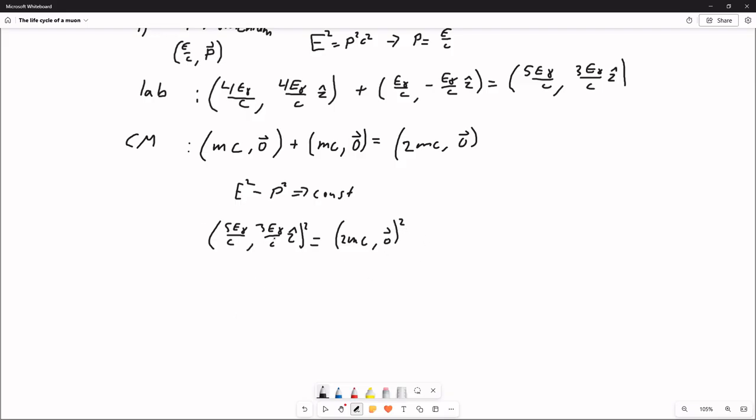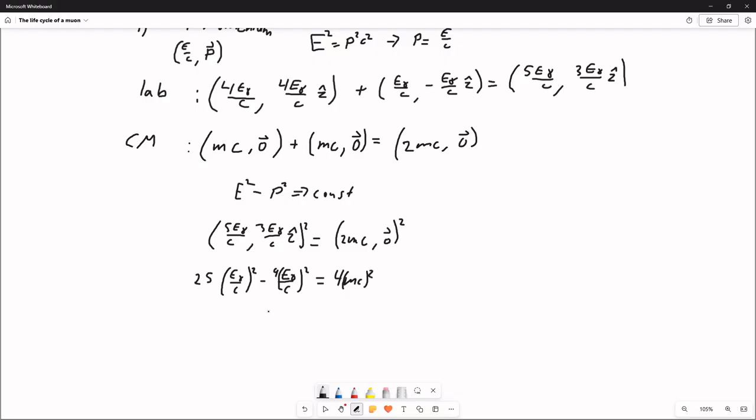And since they're four-momentums, they square a little bit differently. This is going to give us 25 E gamma over c squared, minus 9 E gamma over c squared, and this is going to be equal to 4mc squared.